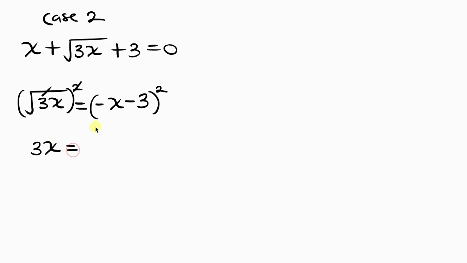Equal to, now for what I have here, I'm going to be applying a property of a plus b squared, which is equal to a squared plus b squared plus 2ab. So let's apply this property here. Now by comparison, our a is negative x here and our b is negative 3. So let's try and put that into this expression.